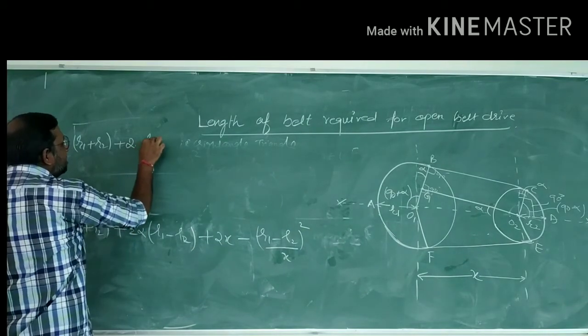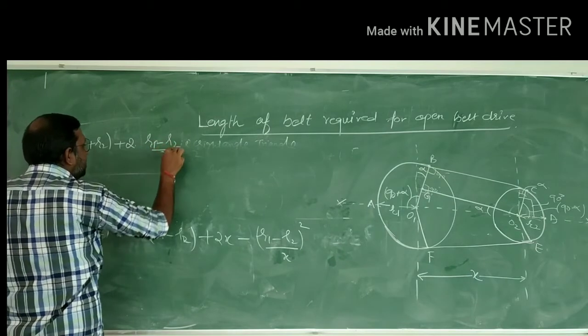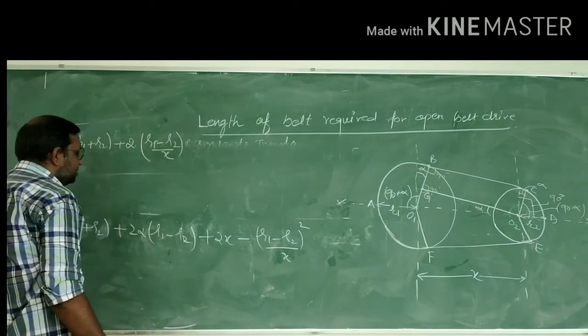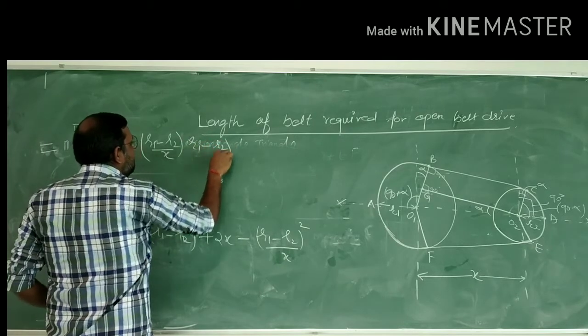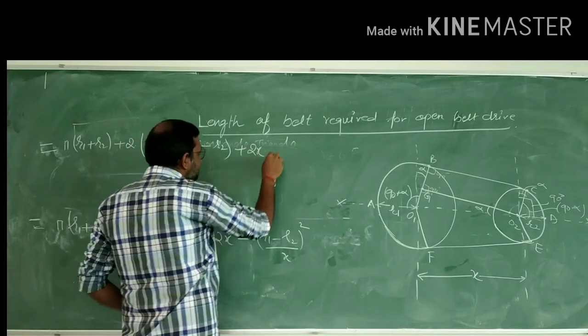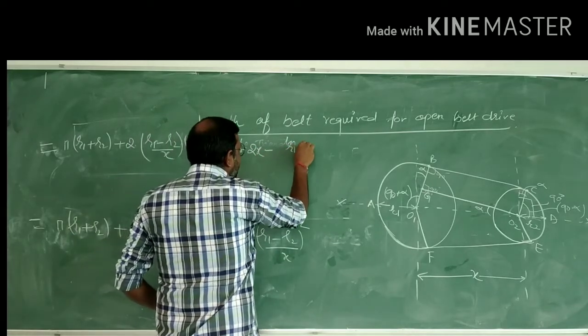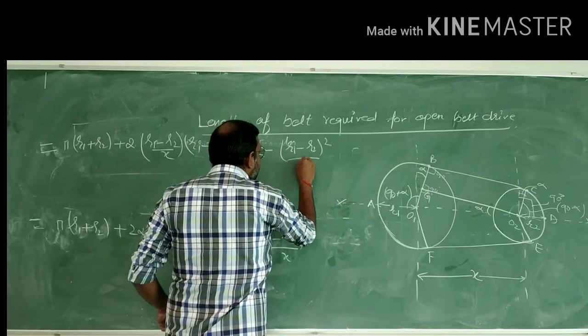It was R1 minus R2 divided by x. So multiplying with this R1 minus R2, plus 2x minus R1 minus R2 whole square by x.